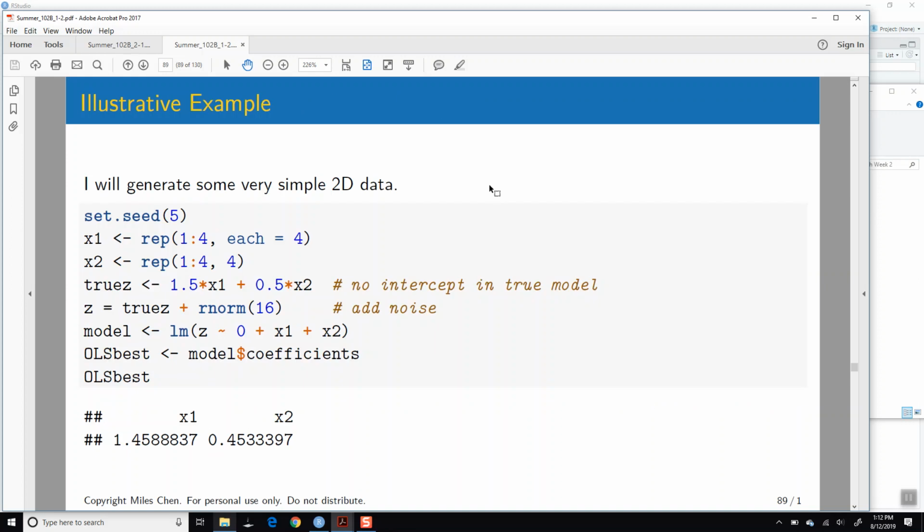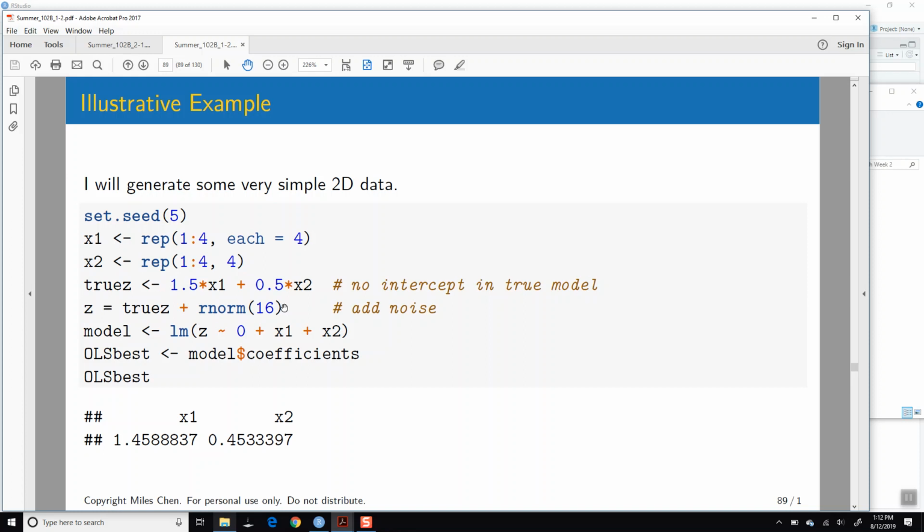So here's a little example. This is the true relationship between z and x. I've got x1 and x2, and the true z here is going to be 1.5 times x1 plus 0.5 x2.